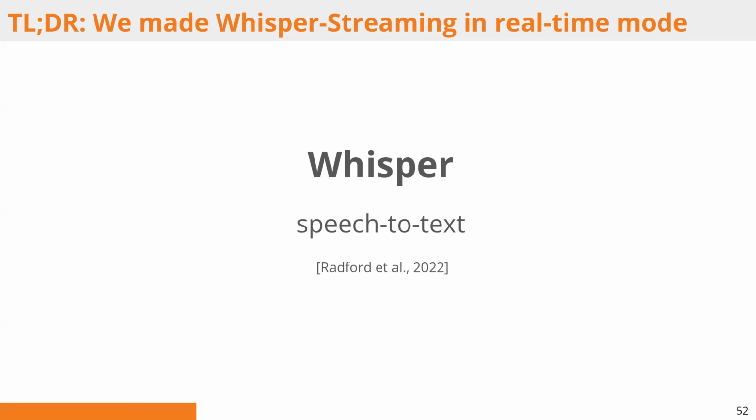Offline means that first you record audio and then you process it, while in streaming mode we want this at the same time. There was a model, Whisper, from Radford et al. It's trained on lots of data and on many languages, 96 languages, and it achieves the state of the art in speech recognition in all these languages and in translation into English.